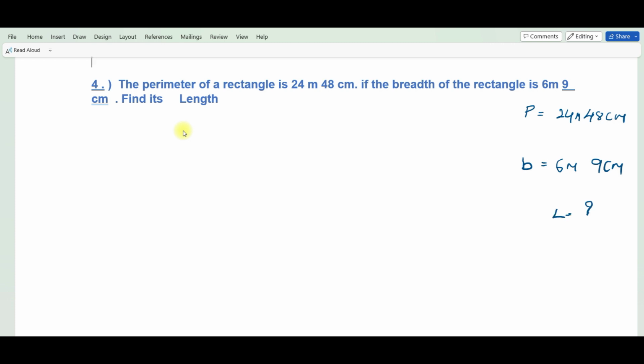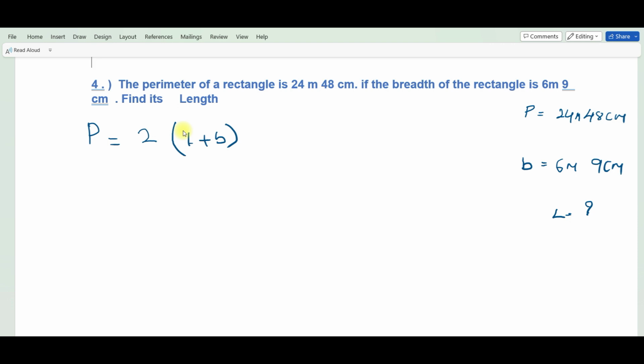So let us write the formula first. The perimeter of a rectangle will be 2(L plus B), where L is the length and B is the breadth. Let us always convert it to a single unit so that it would be easier for us to do the calculation.